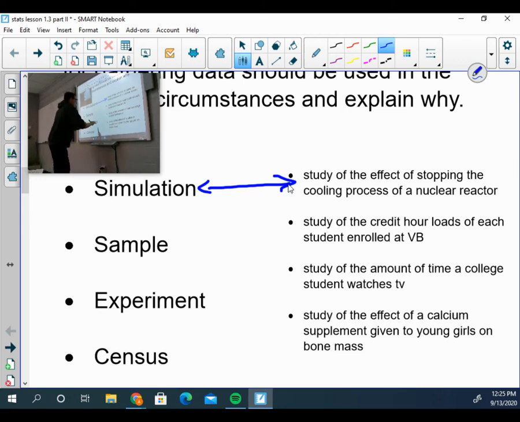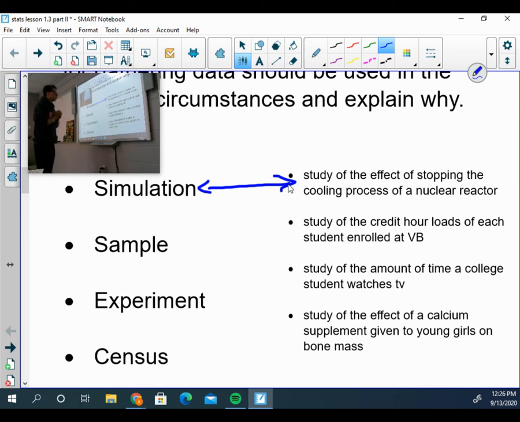If I experiment with a nuclear reactor, you can imagine the consequences of what if something blows up? What if radioactivity leaks out? Could be a disaster. So in any compromising situation, definitely run a mathematical simulation to do the study.